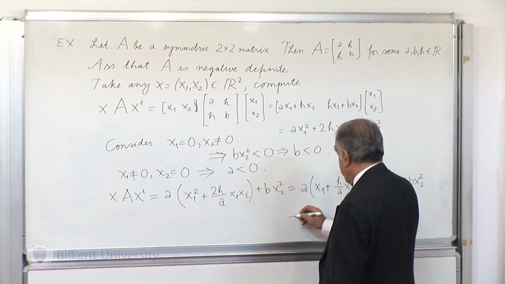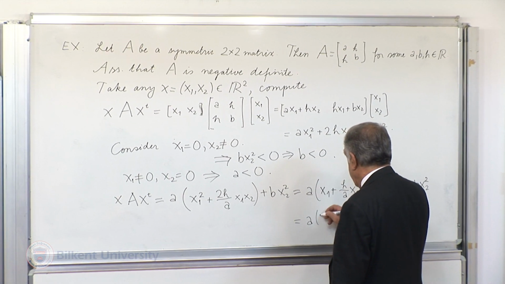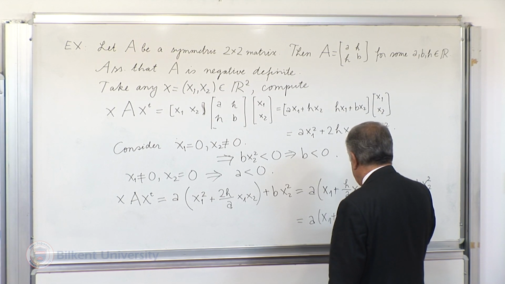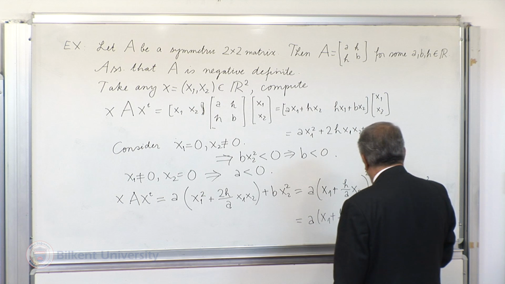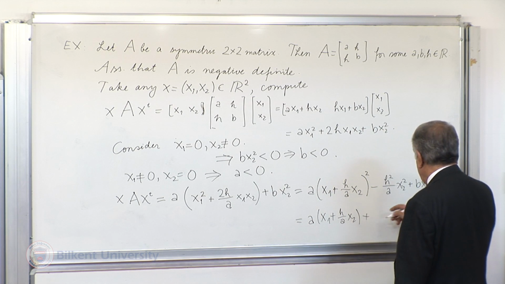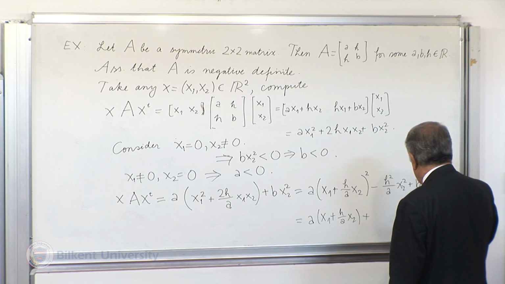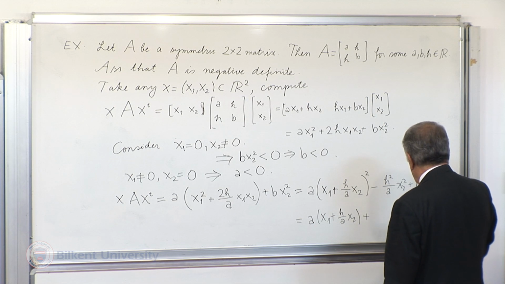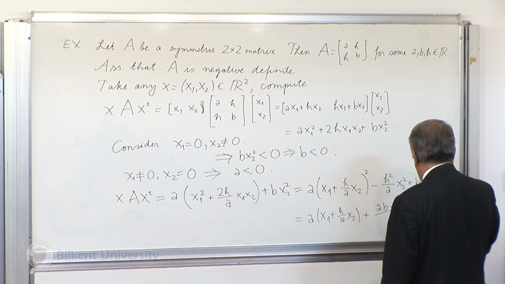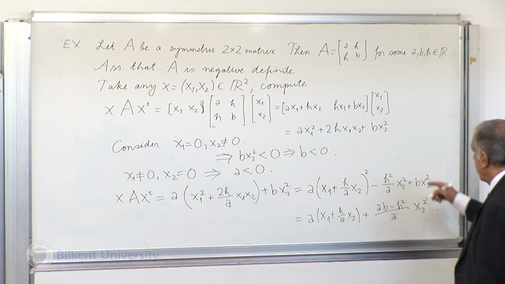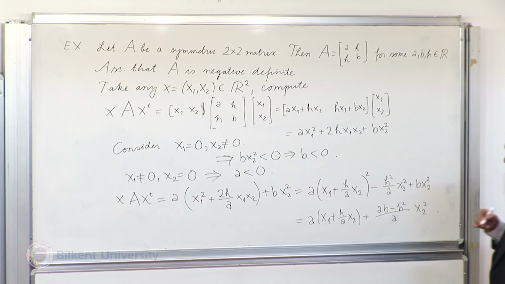Now I can rewrite this as a times x1 plus h over a x2, and by performing this addition, we'll have ab minus h squared divided by a times x2 squared. This is ab over a, and we'll get this.